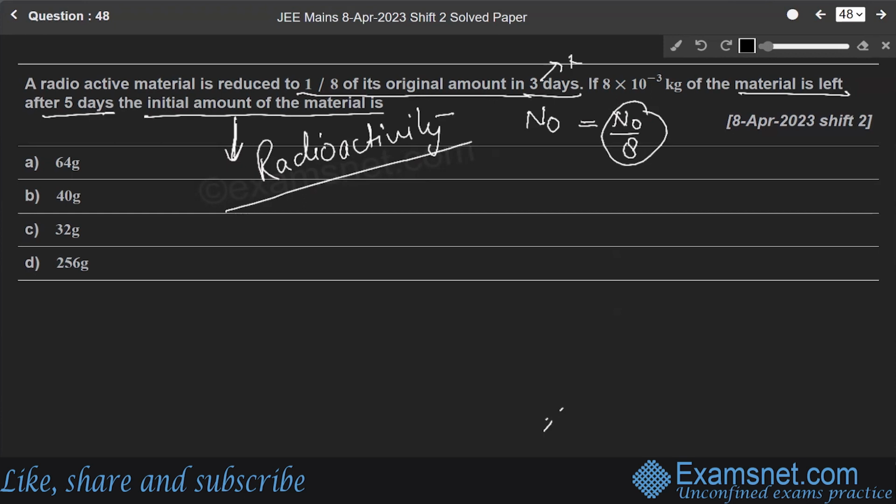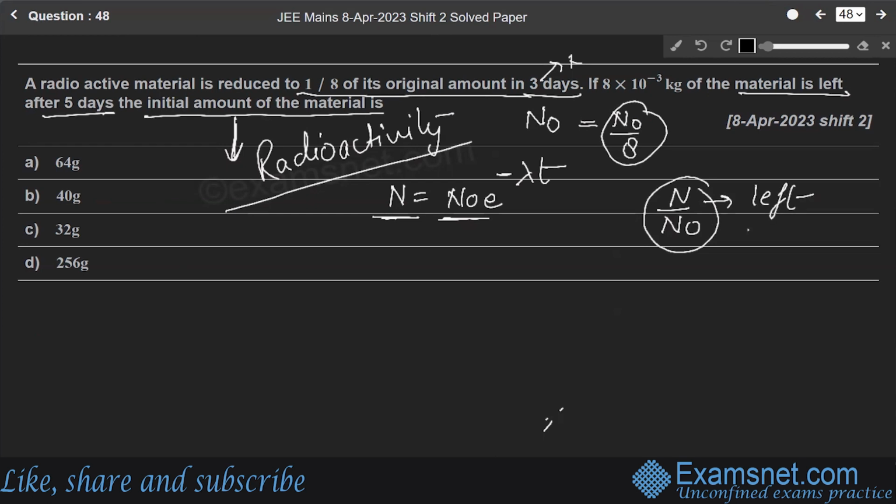Solving this question using the general formula for radioactive material, that is N equals N naught e to the power minus lambda t. Here N naught is the original value, N is the final value, and N over N naught is the amount that is left behind, that is the undecayed amount.